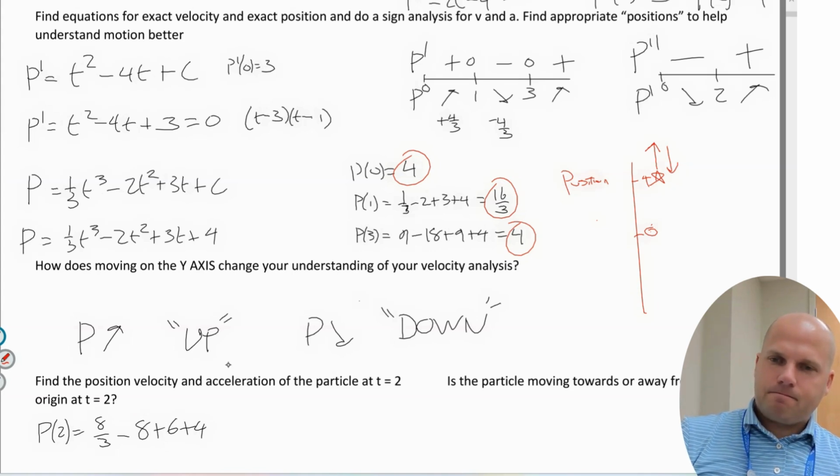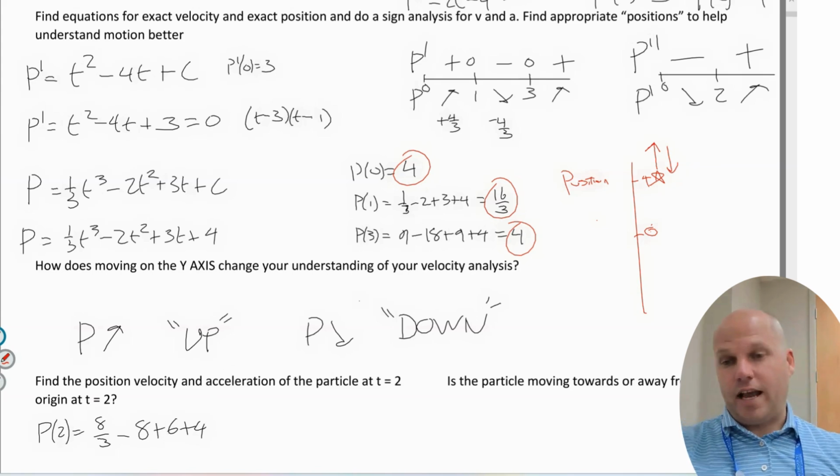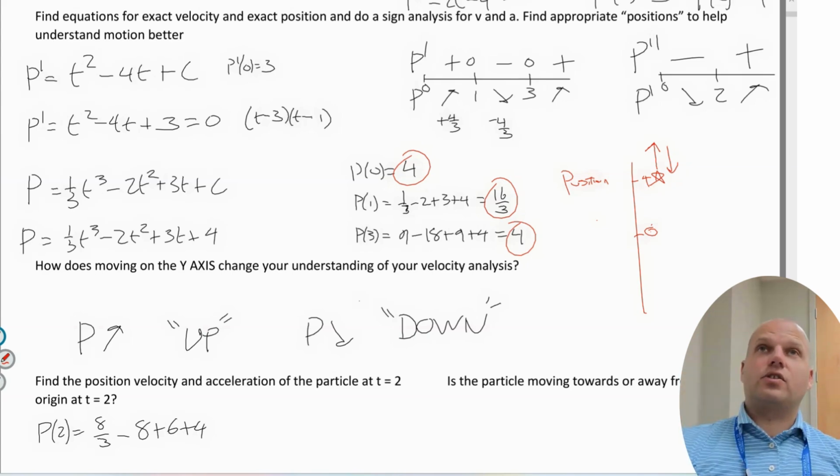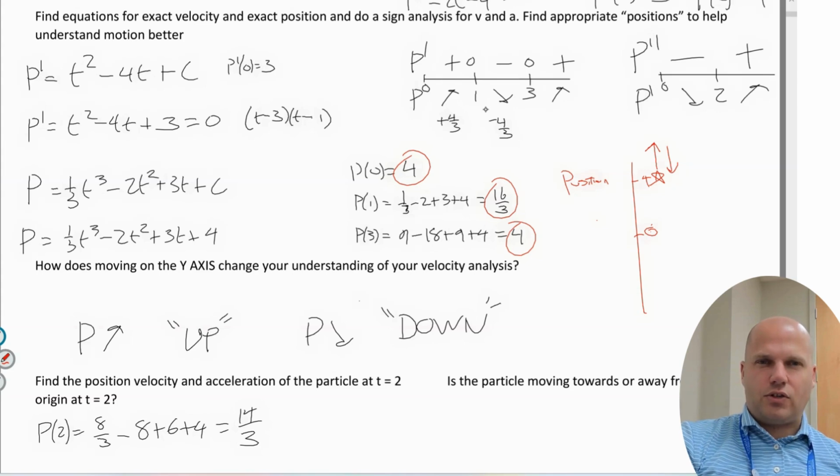That's not right. That's 2. Sorry, negative 8. 2 plus 8 thirds, 6 thirds, 14 thirds. Good. That makes sense because I get to a max position of 16 thirds. And then at 2, my position is decreasing. It goes from 16 thirds to 14 thirds.